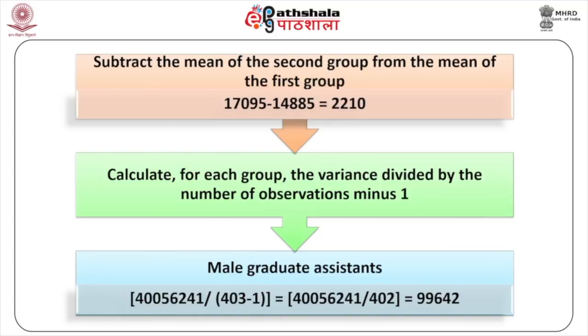Second, calculate for each group the variance divided by the number of observations minus 1. For male graduate assistants, it is 40056241 divided by 403 minus 1, which is 40056241 divided by 402, which comes out to be 99642.